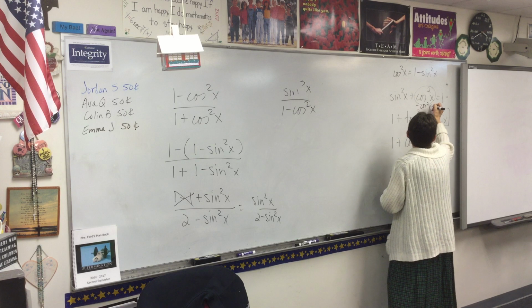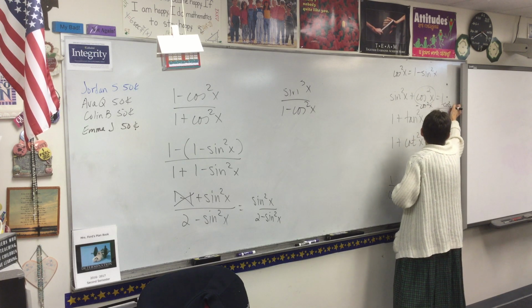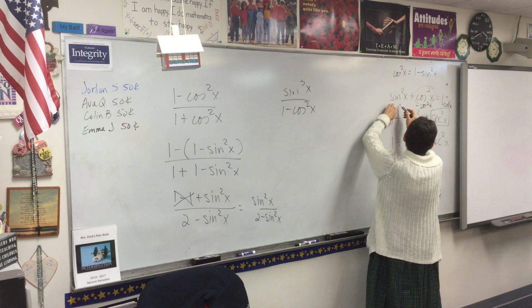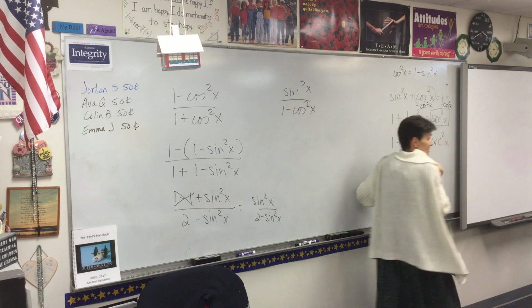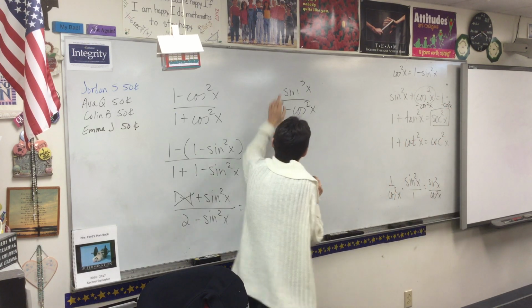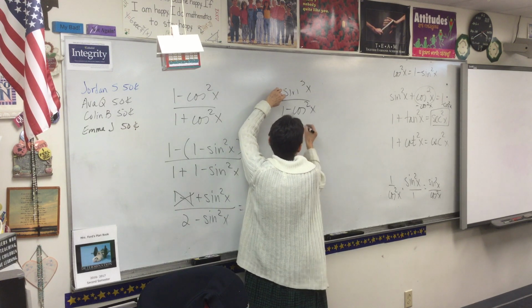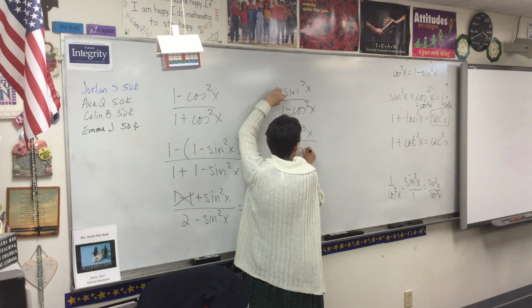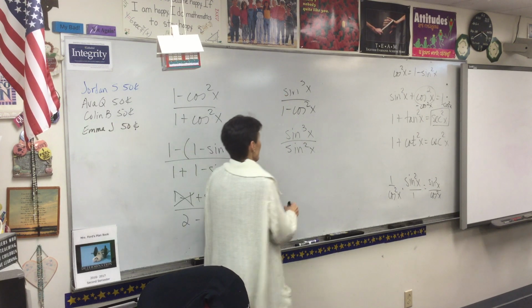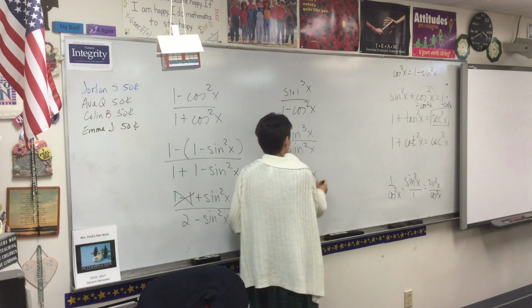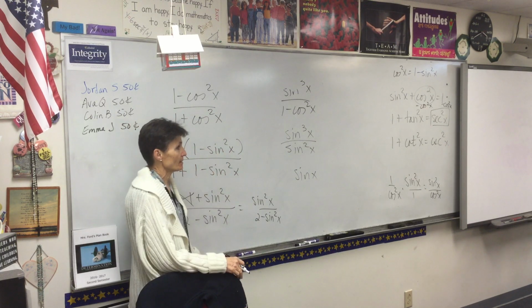If you subtract cosine squared from both sides, what does it say? Sine squared equals 1 minus cosine squared. So you have sine cubed over sine squared, which is just sine. That one's going to simplify to just sine.